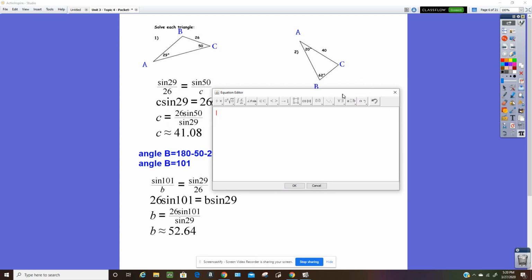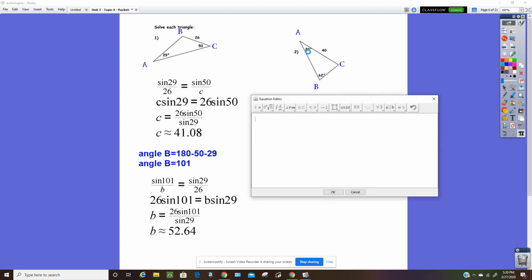I'm gonna set up a proportion by saying sine of 20 over A, side A. We don't know what that is, but then we do know two other items in the triangle. So all the ones on this page are angle, angle, side.